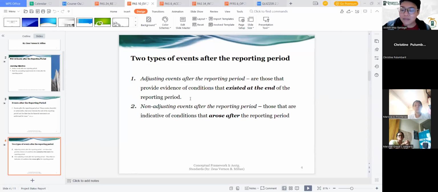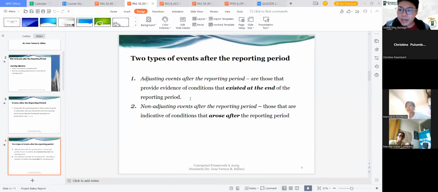In short, it is an adjusting event when it really happened within the current reporting period, and you only found out the additional information after December 31, 2022, or after the date of the balance sheet of the current period. However, for number 2, non-adjusting events, those are indicative of conditions that arose after the reporting period. Let's say, for example, December 31, 2022 is the end of our current reporting period.